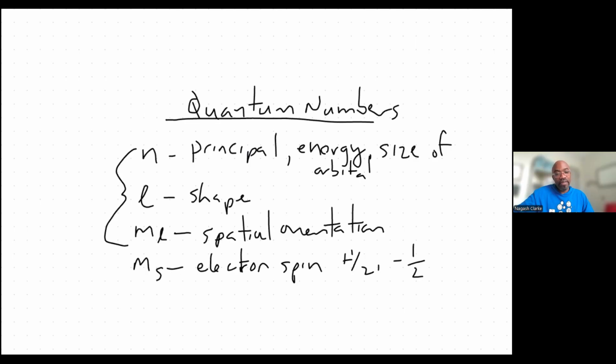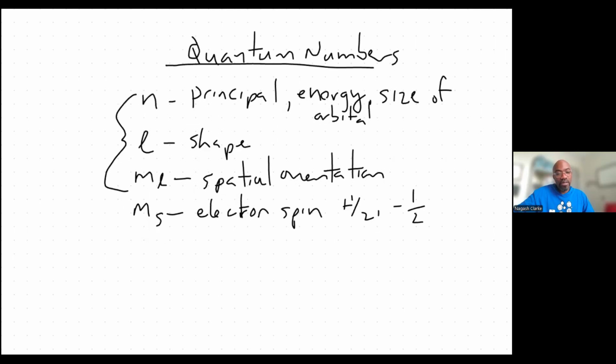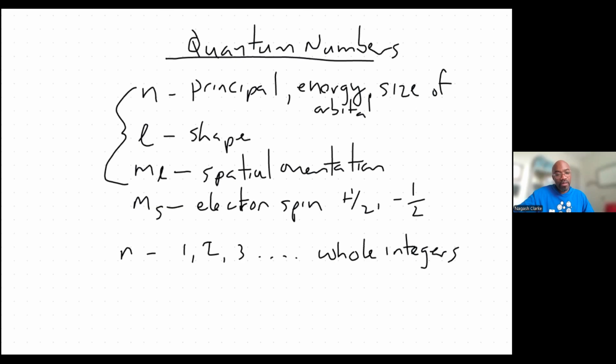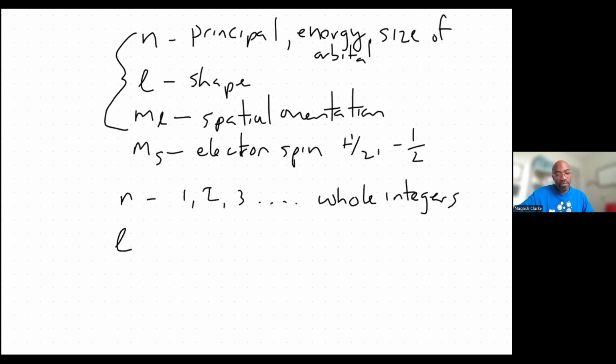Now n, values for n is 1, 2, 3. So these are whole integers starting at 1. L starts at 0 and then goes all the way to n minus 1, whole integers.